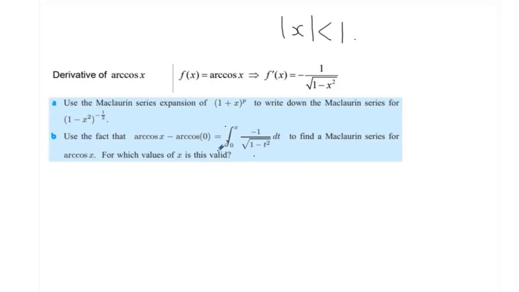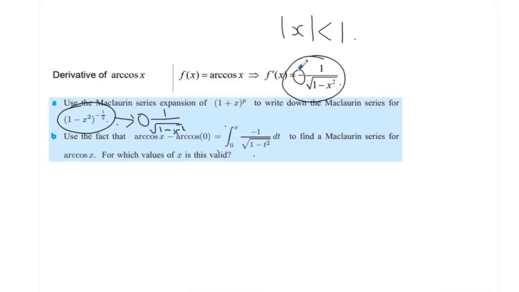And also, if you look at the expression that we've been finding in the Maclaurin series form, the only thing that's different between this and this is a minus sign is missing. So 1 minus x squared to the power minus a half. Well, power of a half means a square root. Power of a minus a half means the reciprocal, the square root of the reciprocal. So this is going to be 1 over the square root of 1 minus x squared. So then the only difference is that there's a minus sign missing.